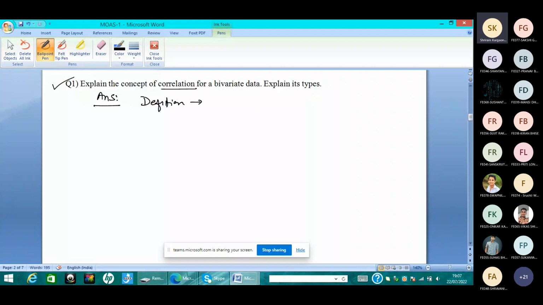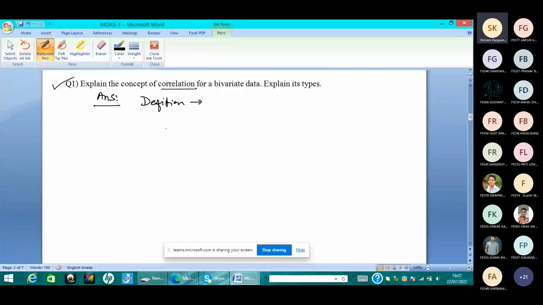If you think that writing a lot of things, a number of pages, will get you marks, that's not true actually. Sometimes the questions are very tricky and the answers are simple. So be particular. You should cover the points which are needed. Bulky writing is not necessarily needed every time. So definition you can write.